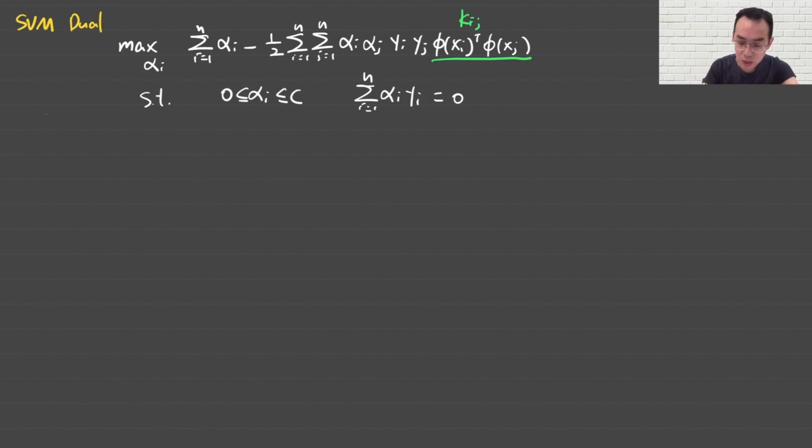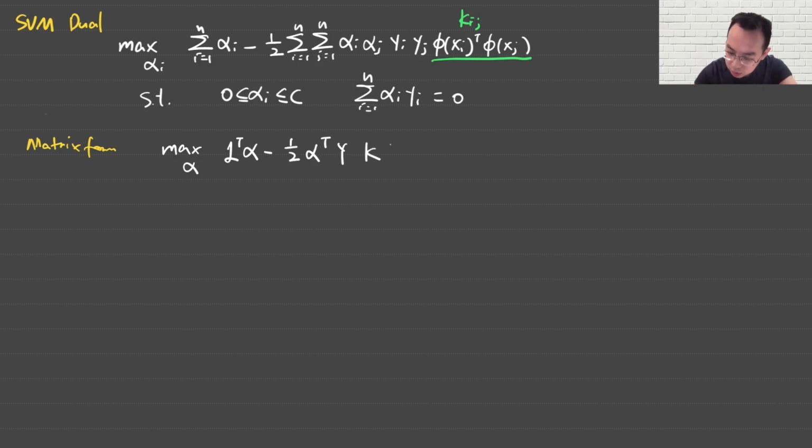So here we can actually also write out the matrix form. That's gonna be even nicer. Let's do that. So the matrix form will have the max with respect to alpha. Alpha now becomes a vector, right? We have 1 transpose alpha minus a half alpha transpose y K y alpha. Kij equals the inner product between data points phi xi and phi xj, right?